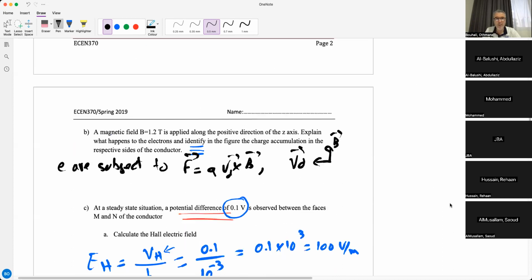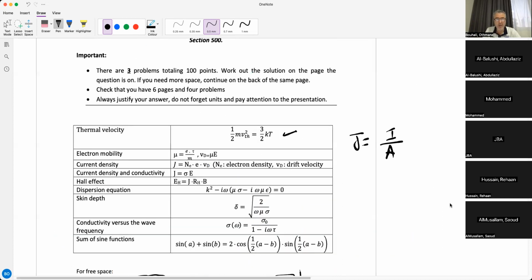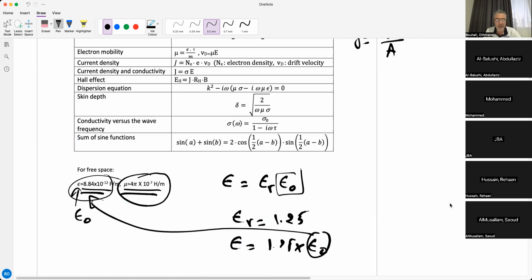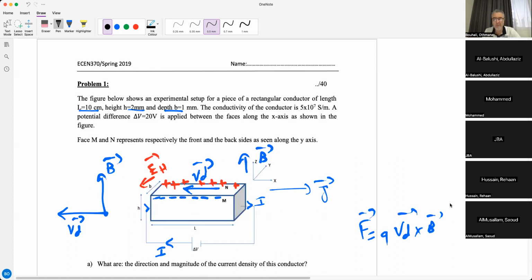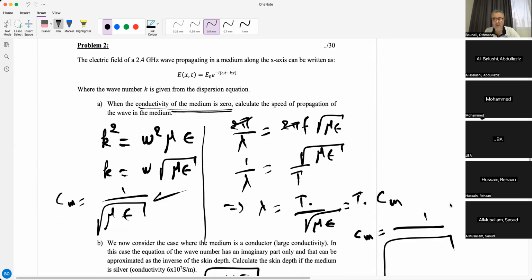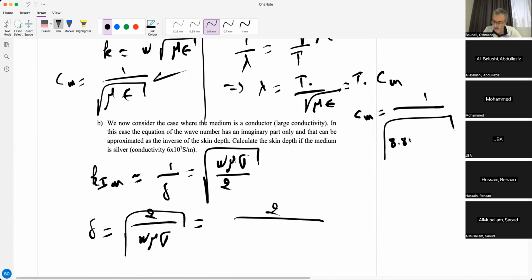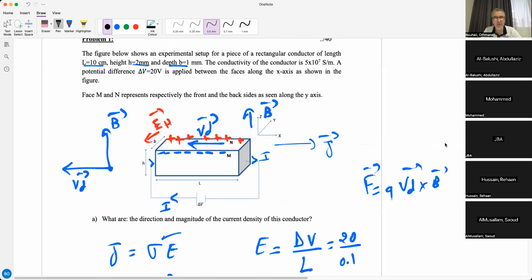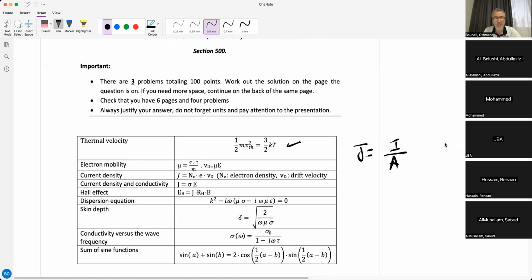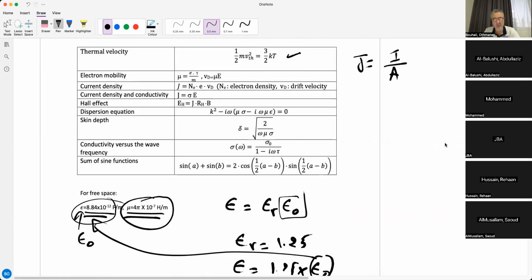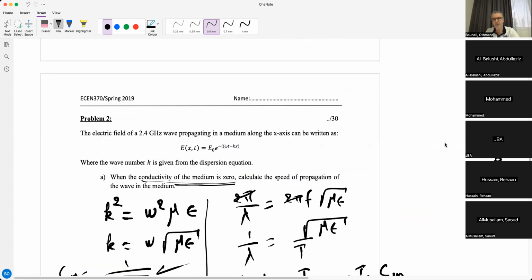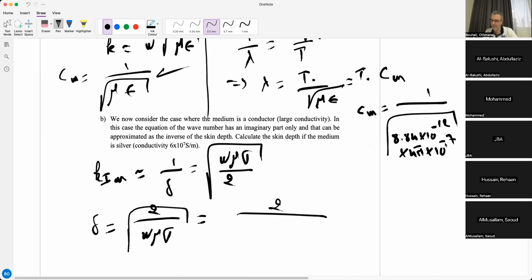What is epsilon? It is 8.84 times 10 to the power of minus 12, times 4 pi times 10 to the power of minus 7. Those are the two parameters that I gave, 8.84 times 10 to the minus 12 and 4 pi times 10 to the minus 7, and that's it. And then you do the calculation, 1 over, right?